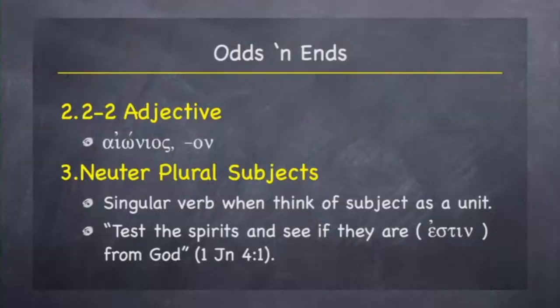Here's a good example of one. In 1 John 4:1, John says, test the spirits and see if they are from God. Okay, the Greek form, if you already memorized eimi, the Greek form translated they are is estin, isn't it? Well, estin is singular. Well, why do we say they are? Well, spirits, pneuma, is a neuter word. It's referring to the message and the false preachers, but it's using the word pneuma. Pneuma is neuter.